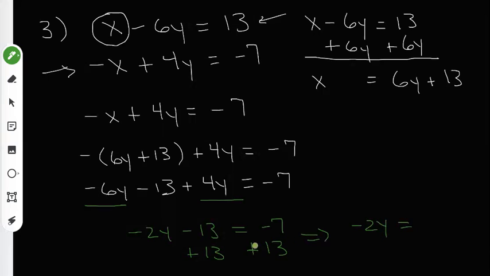The negative 2y comes over, but these 13s are going to cancel each other out. And 13 minus 7 is going to give me 6. So now I'm ready to solve for y. I can get rid of this negative 2 by dividing both sides by negative 2. And that's going to give me y equals negative 3.